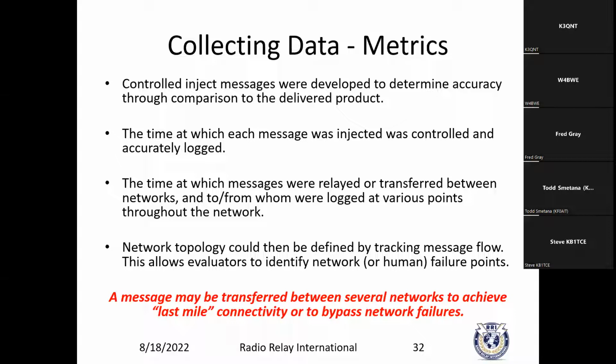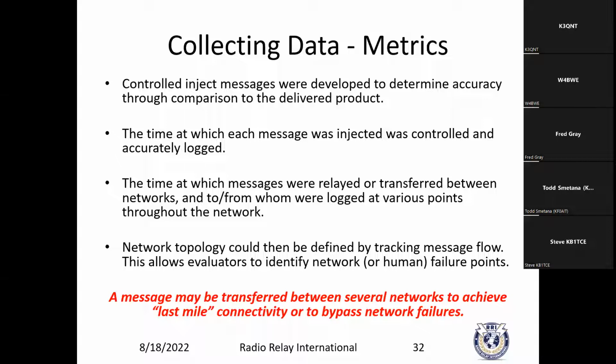Our control was the inject message, and our variable was the output message at the other end of the network. In doing so, we can compare the controlled inject message against the message at the output at the other side of the network to create an accuracy measurement.